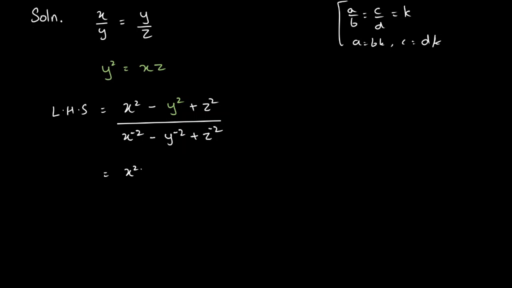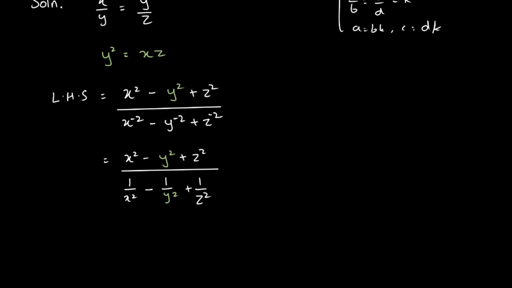Remember, if we have a negative power, it means you have to take the reciprocal of the base. So x⁻² is nothing but 1 upon x², y⁻² is nothing but 1 upon y², and z⁻² is 1 upon z².